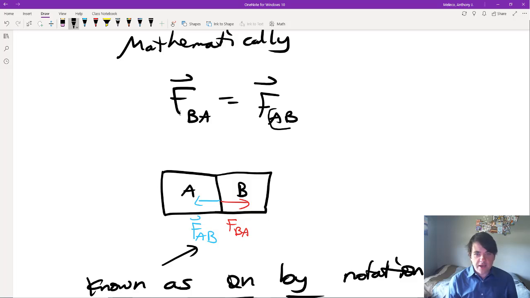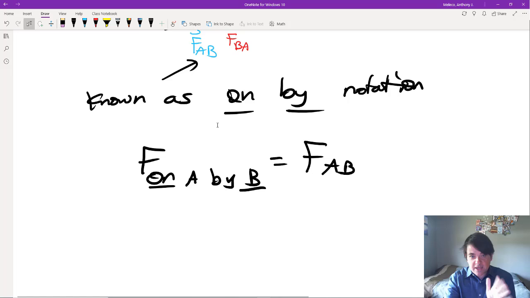As long as the subscript denotes the direction, because it's on A by B, you don't need to add a negative here. But yeah, that's kind of what the third law is.